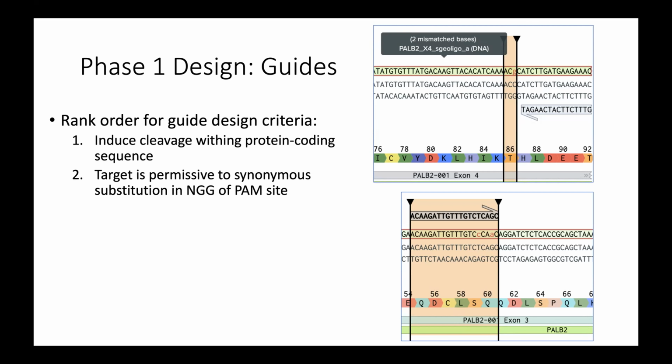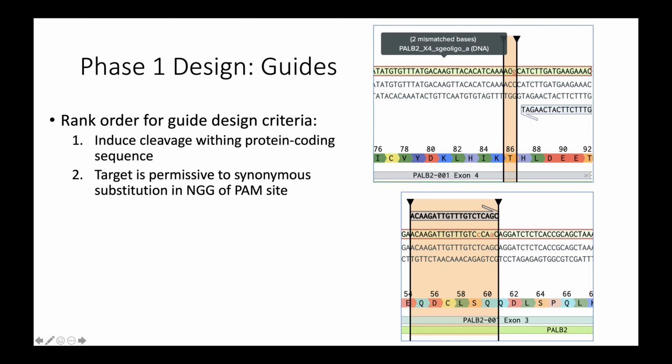Second, the target needs to be permissive to a synonymous substitution in the NGG of the PAM site. So here on the top right, I'm showing this CRISPR guide RNA at the bottom and the PAM site here being this triple G. And so the second base in the NGG, we are changing from, it corresponds to the third base in this threonine. So we're changing this ACC to an ACG.